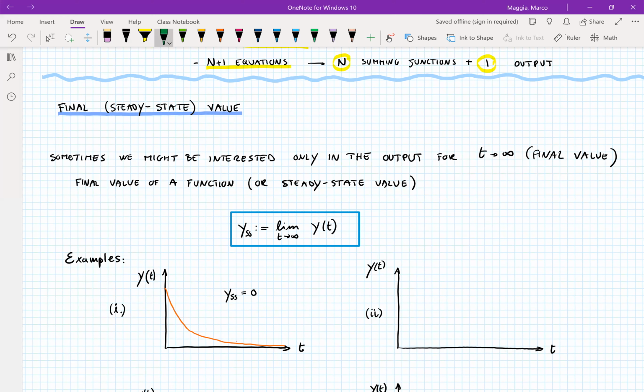We can also have another example of a function that approaches asymptotically a finite value. Let's say that this value is a. So in this case, the steady state value is equal to a.